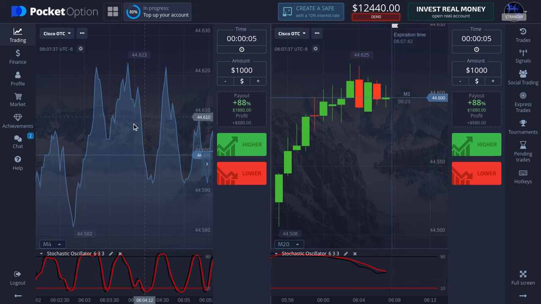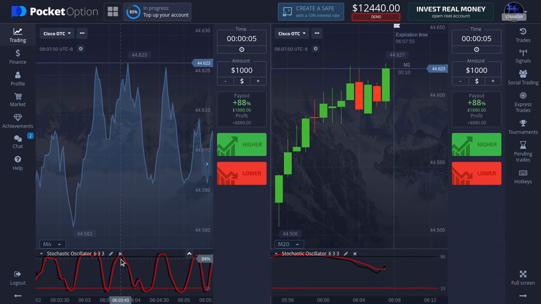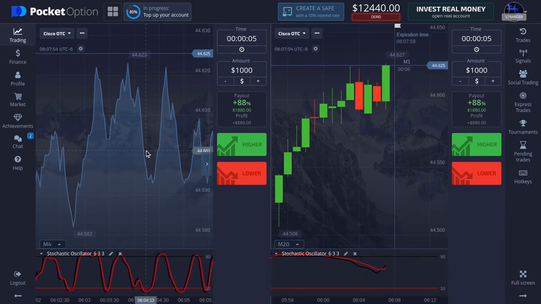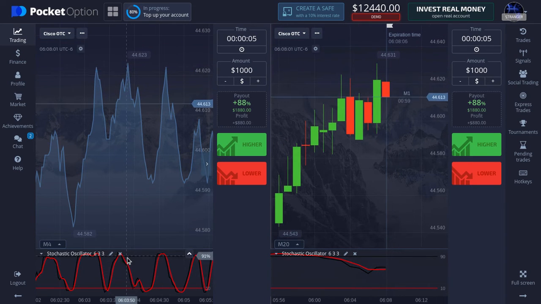Whenever you see these smaller ones, this is cool and all, but what you want is when you have a candle that just pushes strong, okay? It pushes strong in one direction on the stochastic and in a line chart. Because you'll have times where it'll push strong on the stochastics, but it won't be a strong push on the line chart, okay?